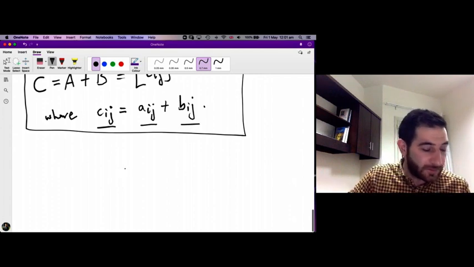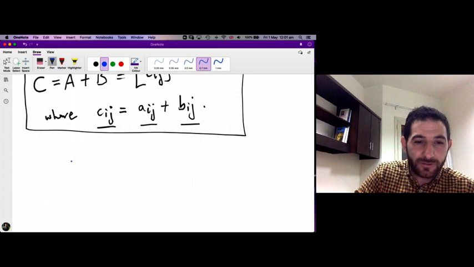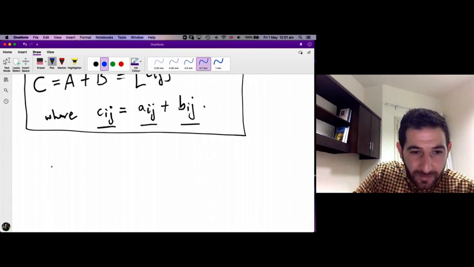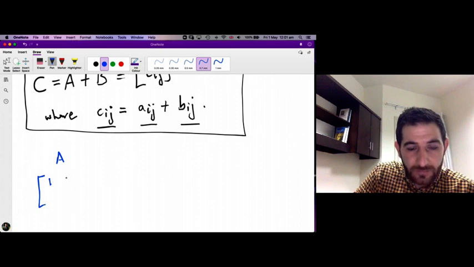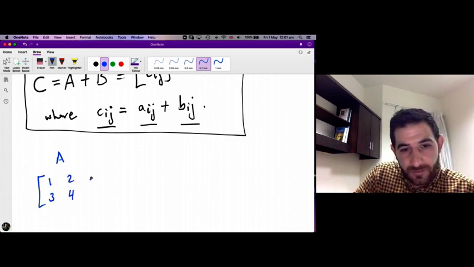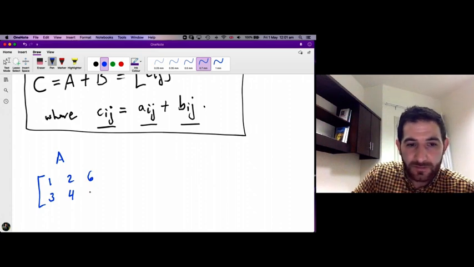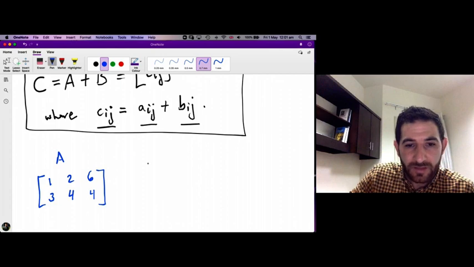So if we have the matrix A, say with rows 1, 2, 3 and 4, 6, 4, this is the matrix A. It's a 2 by 3 matrix.